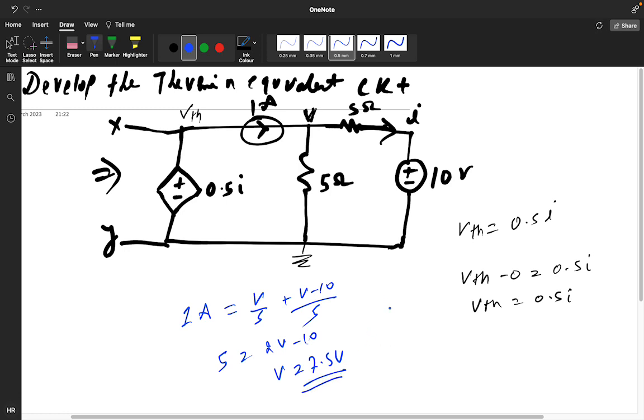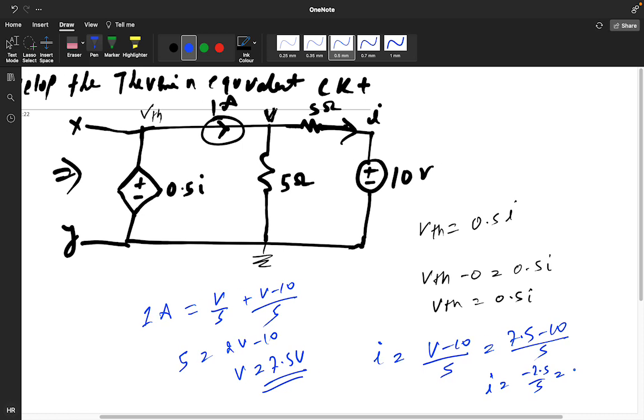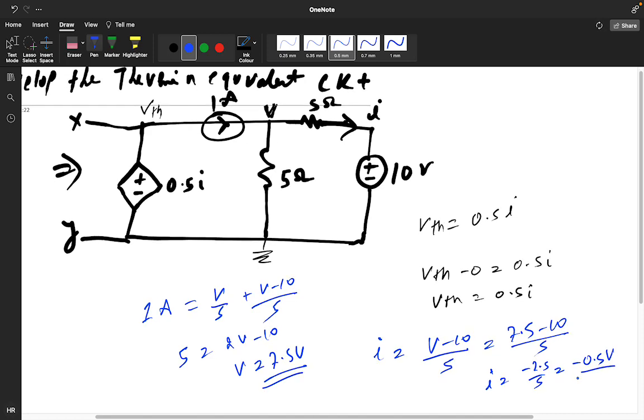You got the V value, what will be the small i? Small i will be (V minus 10) divided by 5. So V is 7.5, minus 10, divided by 5. So small i will be minus 2.5 divided by 5, that will be minus 1 by 2, meaning minus 0.5 you are getting as the small i value.